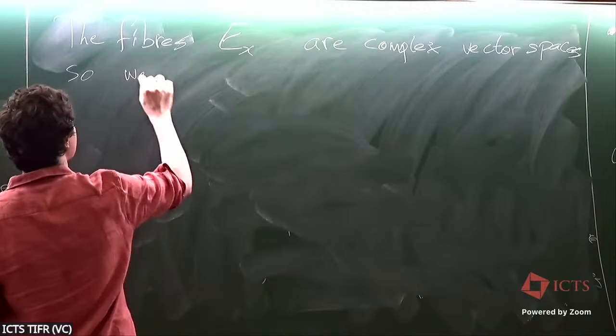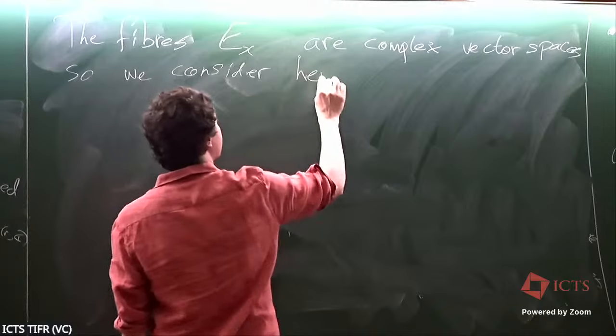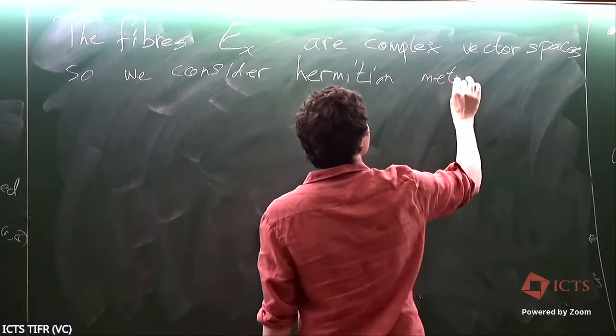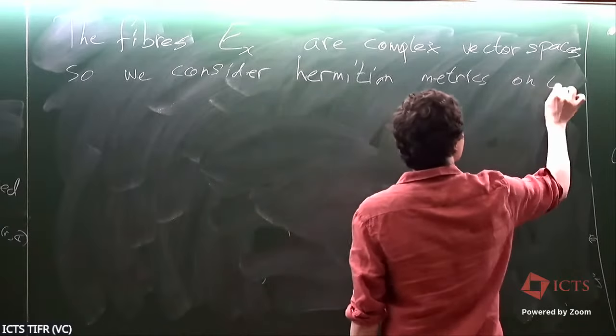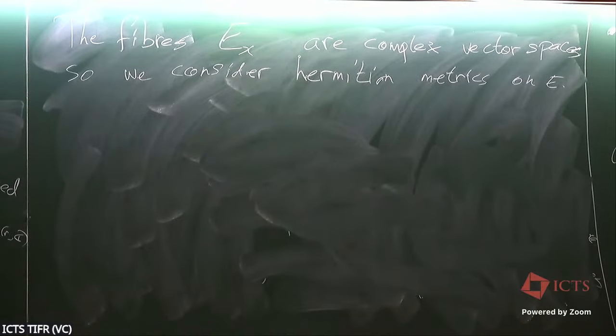So we consider Hermitian metrics on E, and in particular, we would like to talk about curvature. In differential geometry, one of the main things we're interested in is curvature, so we would like a notion of curvature that works here.